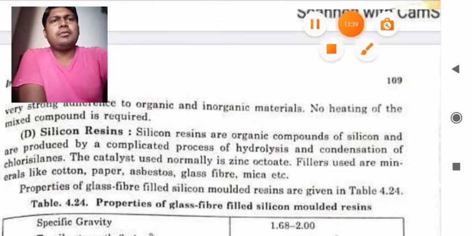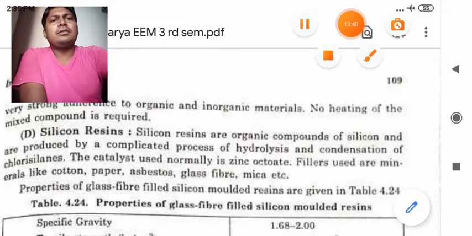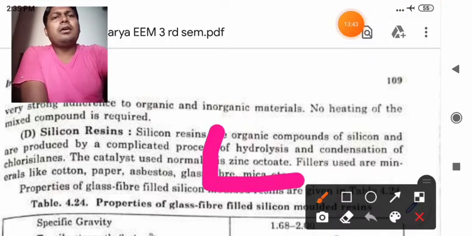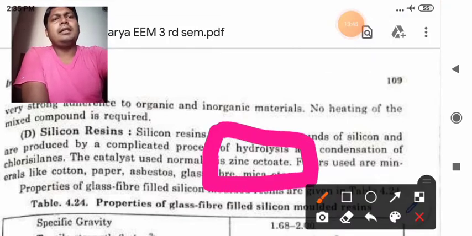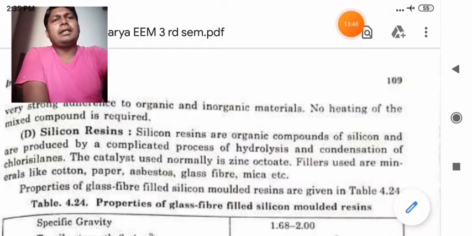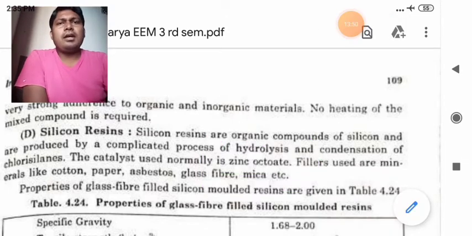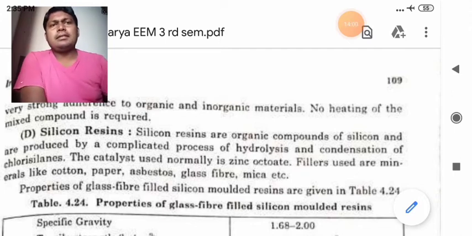So the name of the catalyst you should remember: zinc octoate, right? So this is used as a catalyst. Fillers used are minerals like cotton, paper, asbestos, glass fibers, mica, etc. And the properties are as in the table.